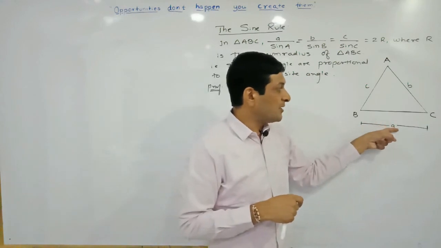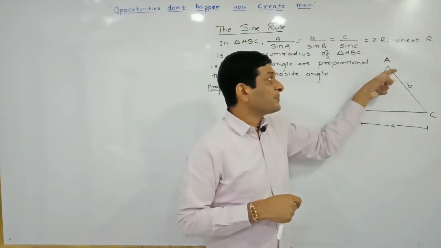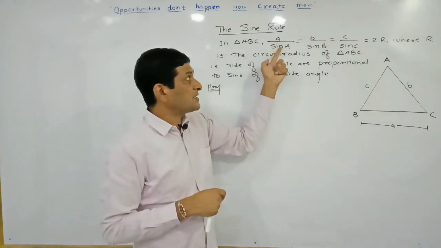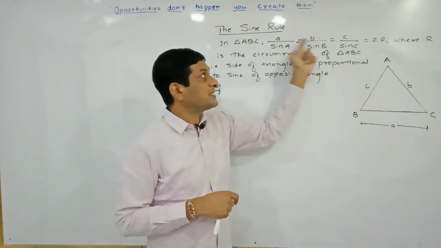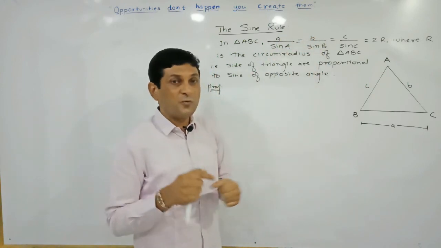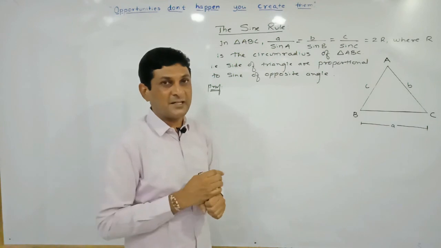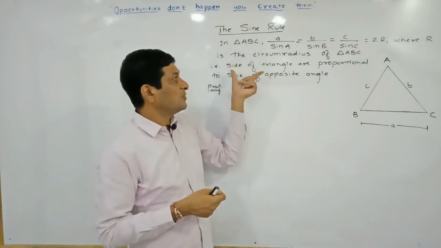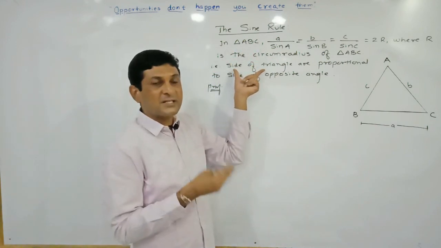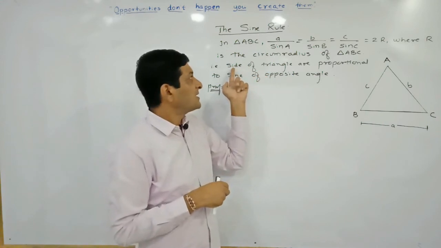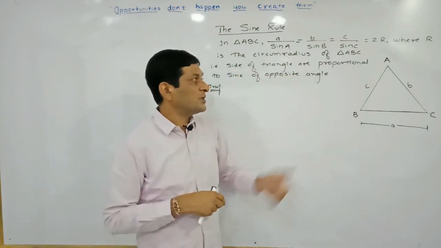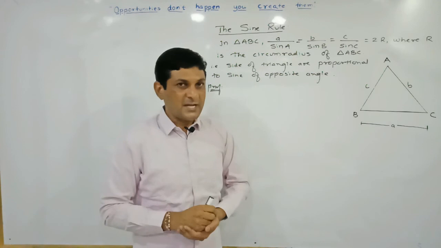Which is the opposite angle of side a? Angle A. And here we can observe that a upon sin A is equal to b upon sin B, means these sides are proportional to what? Sine of its opposite angle. So that's why the statement of this sine rule can also be given as: sides of the triangle are proportional to the sine of their opposite angles.